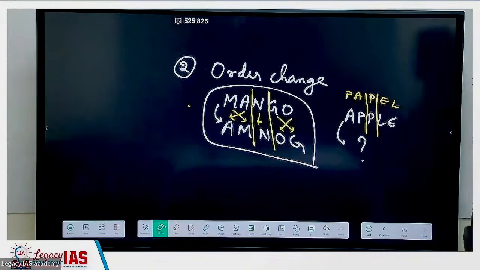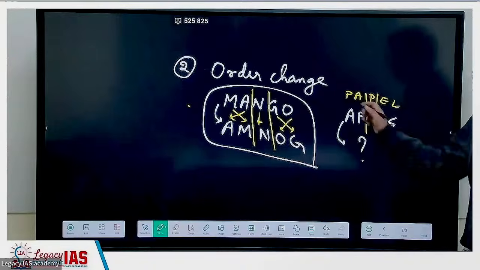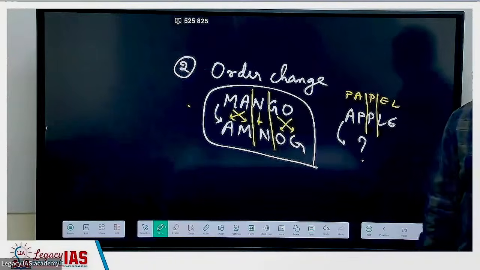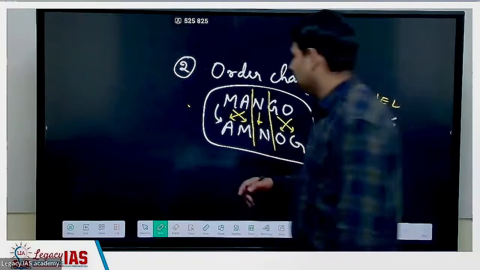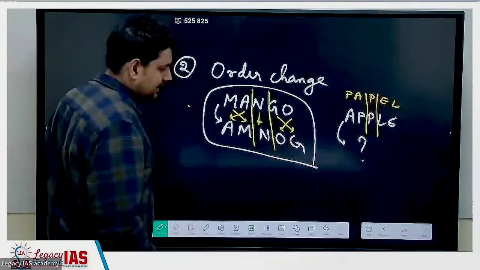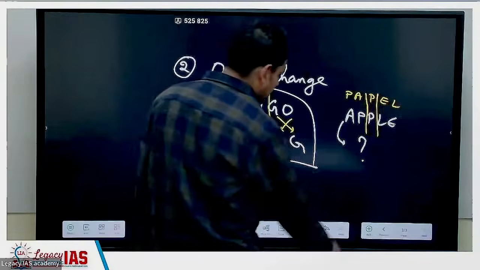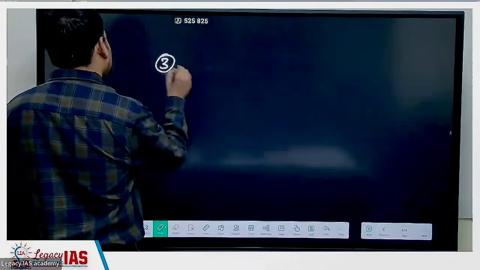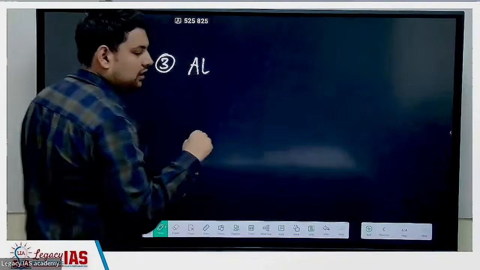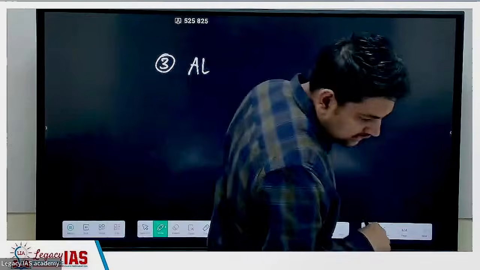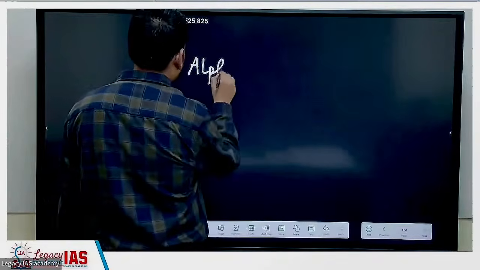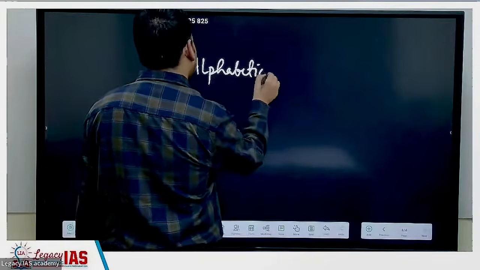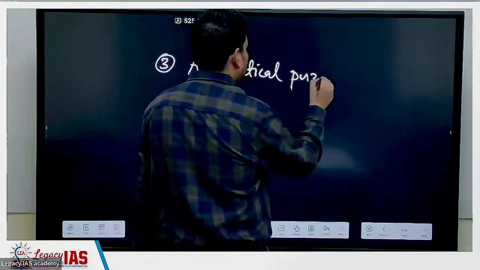This is still an easier one. What we usually do is try to find some kind of match the column and do it. Then the third type and the most important type is alphabetical puzzle.